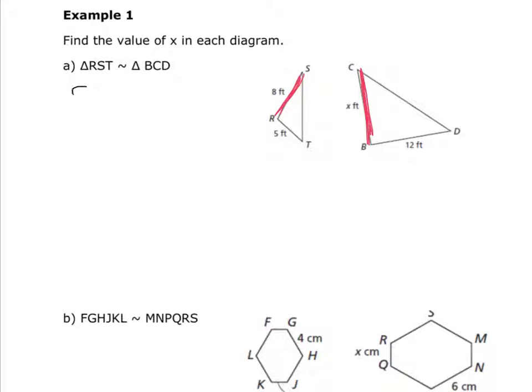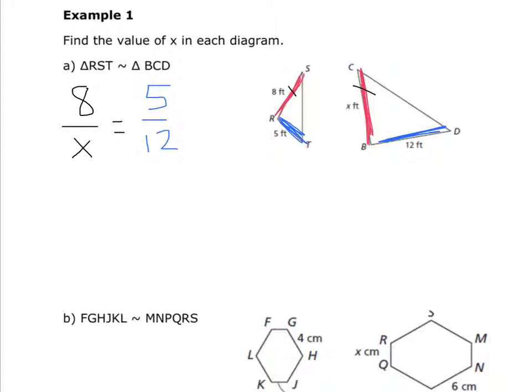Side RS is 8, and side CB is X. I'm going to say that's equal to, and now I'm going to look at the other side. I know that this side right here corresponds with this side right here. So I can say that side RT is 5 over side BD is 12.